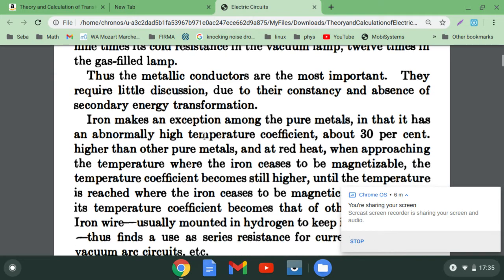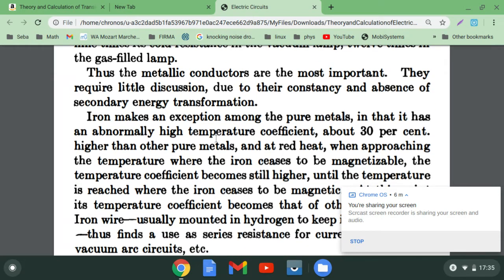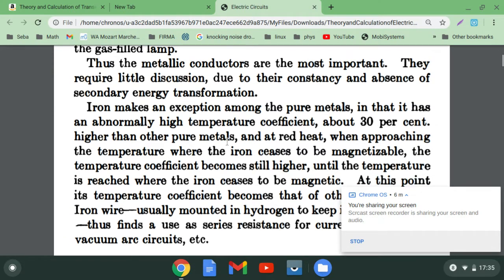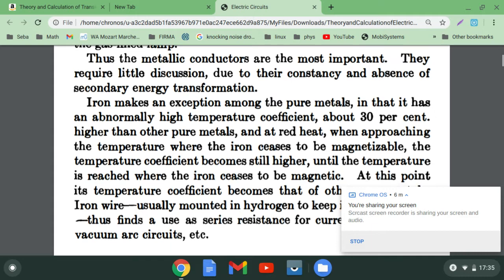Thus, the metallic conductors are the most important. They require little discussion due to their constancy and absence of secondary energy transformation.